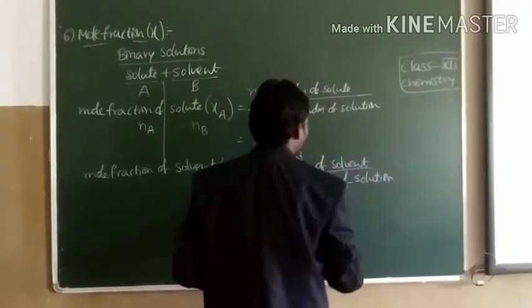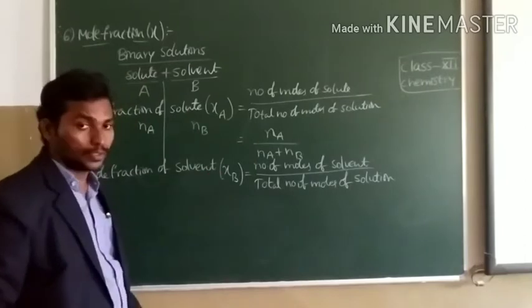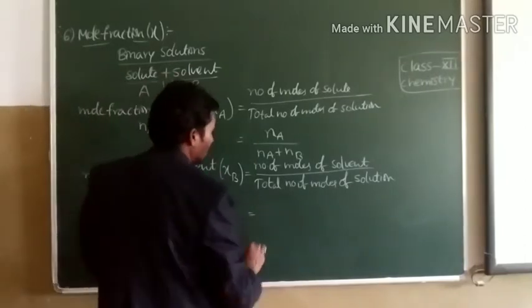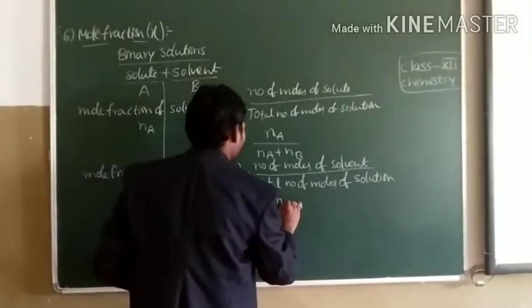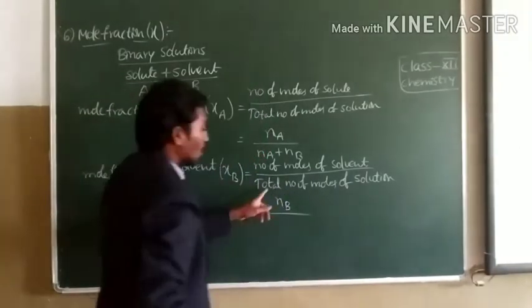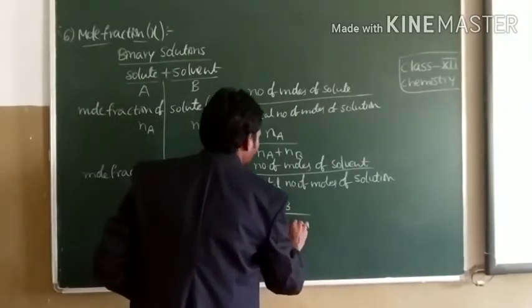That is equal to number of moles of solvent, Nb, by total number of moles of solution, that is equal to Na plus Nb.